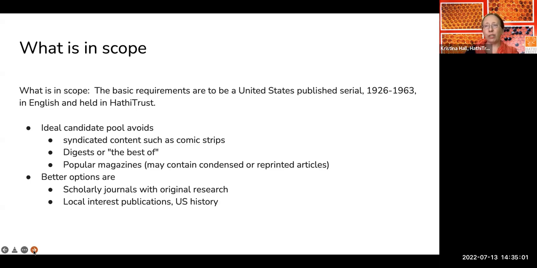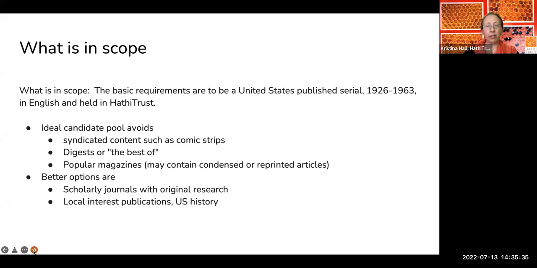And so when we were really trying to check the renewal requirements, that's going to end in 63. And from then on, it would be more of a check for copyright notice. So we were focusing on English works because that's the language most common for our group and our skill set. And it had to be held in HathiTrust because we were using access to the in-copyright scans in order to check them. We were not pulling from the shelf and looking at physical copies. We were looking at digital scans.